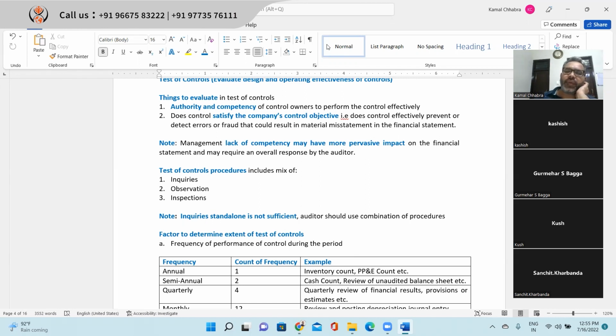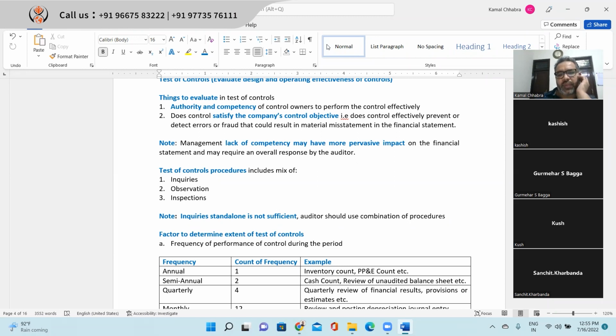Does the control effectively prevent or detect the error or fraud that could result in a material misstatement in the financial statements? So you need to evaluate whether those respective controls are meeting the control objectives or not. If the controls are not meeting their objective, that means it's a design deficiency, right? Make sense? Yes, sir. Okay.